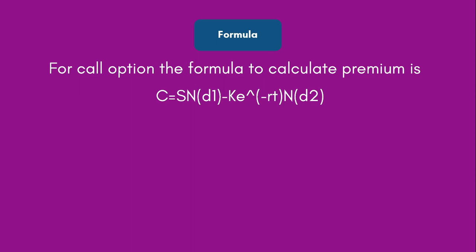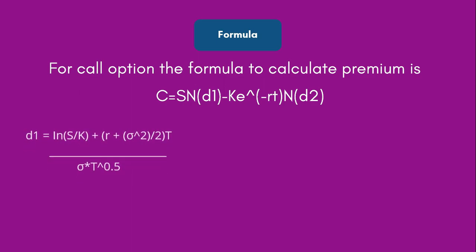So call price is equal to S, which is nothing but spot price, into N(d1). N is nothing but normal distribution, K is strike price, e is exponential, r is risk-free rate of return, T is time till expiry, and we have two factors, that is d1 and d2.